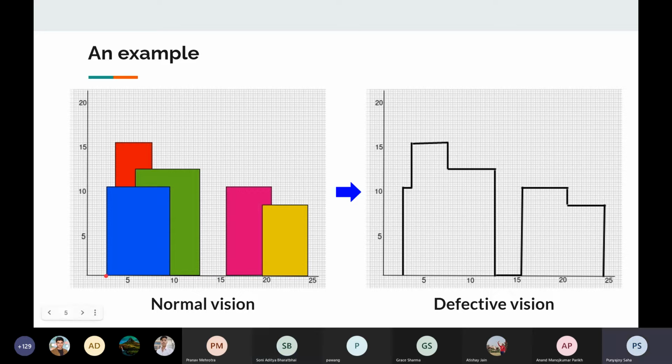So let us see the example. Let us start from here. What will be the initial boundary? This line, right? So for the defective vision, this will be the initial line. Then you move here, and about these two blocks, you cannot separate them from the perspective of the defective vision.